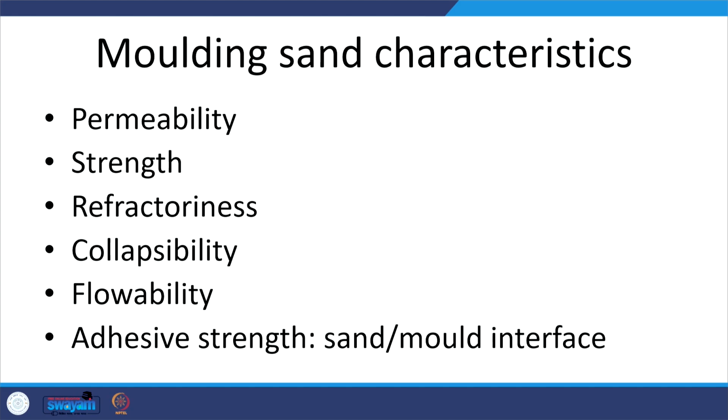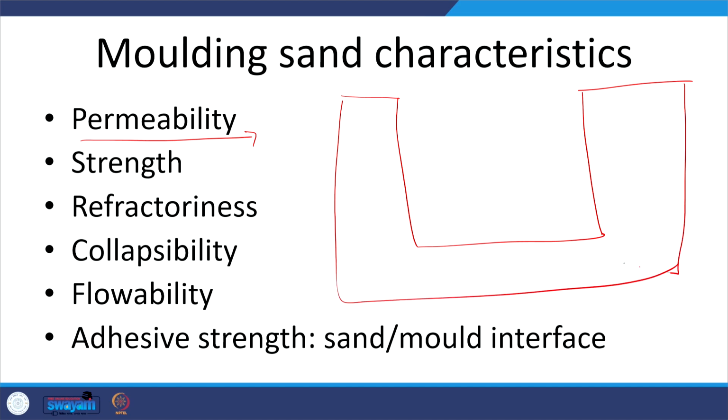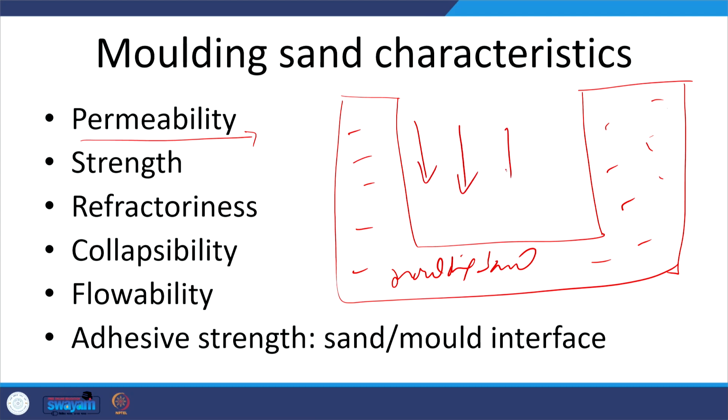As far as the characteristics are concerned, permeability is one. Say this is the mold, and all around it we have the mold wall made of the molding sand. This mold wall is expected to perform certain roles. It should take the weight of the molten metal without changing shape and size.